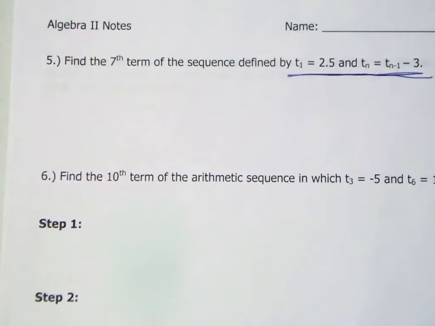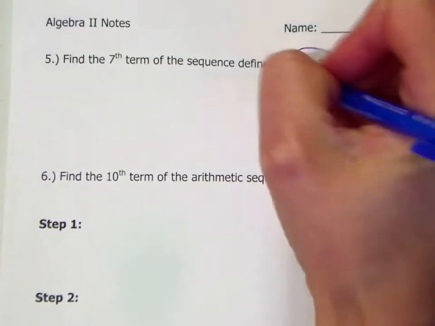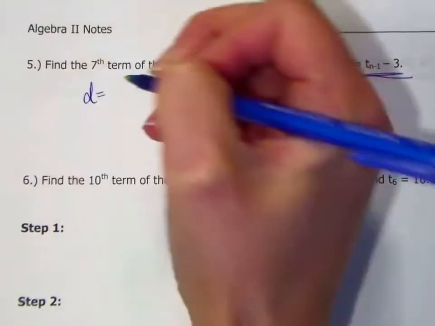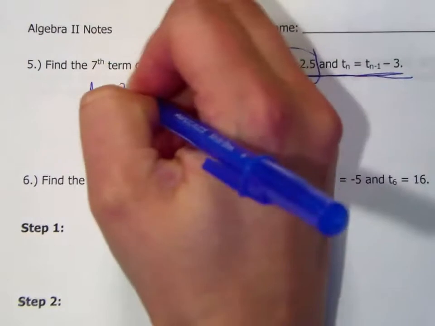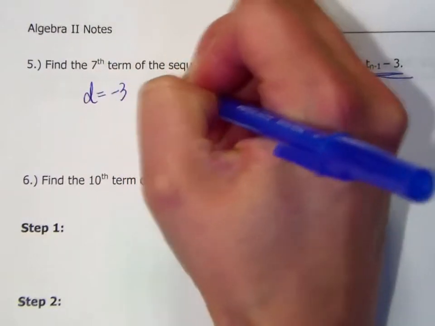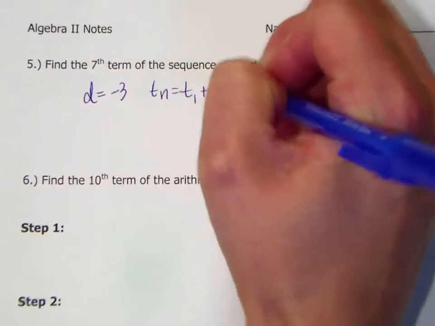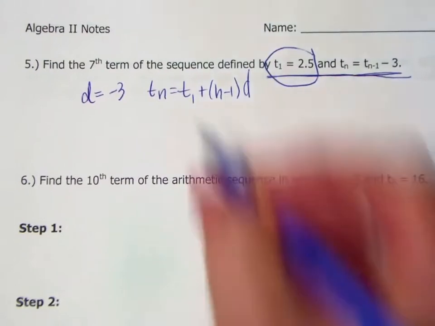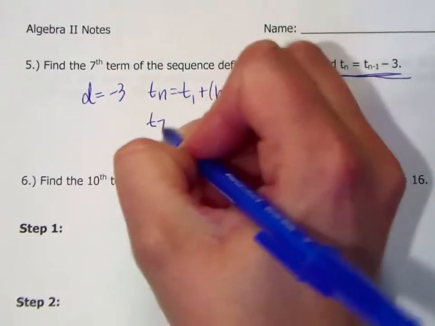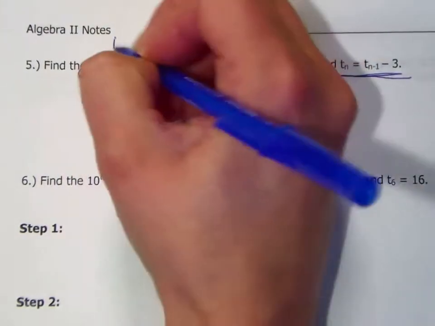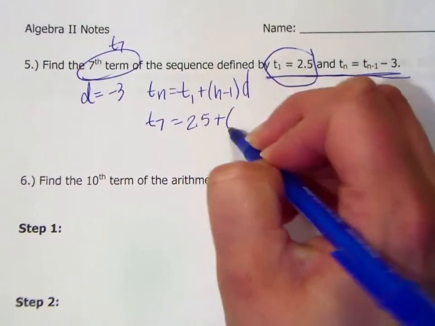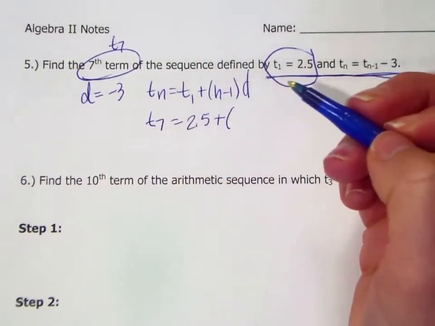All right. We have our first term. That's given. What's our common difference on this one, Ellie? Okay, -3. So then we can use the explicit formula. Plug in what we know to find that 7th term. So we have T sub 7 because we're looking for the 7th term equals 2.5 plus what's the value of n?